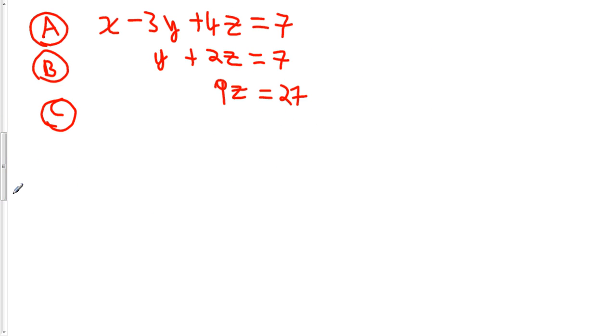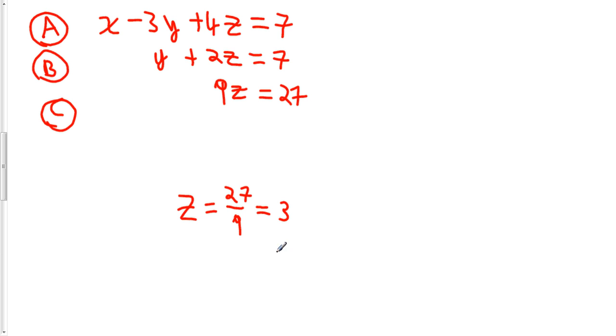If I want, I can just solve that equation for z. So solving equation C for z, I get z is equal to 27 over 9, or z is equal to 3. Once I know that z is equal to 3, equation B has only y and z in it. So I can plug my value for z into equation B to get the value of y.